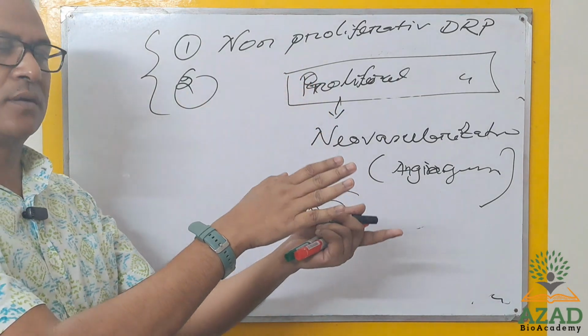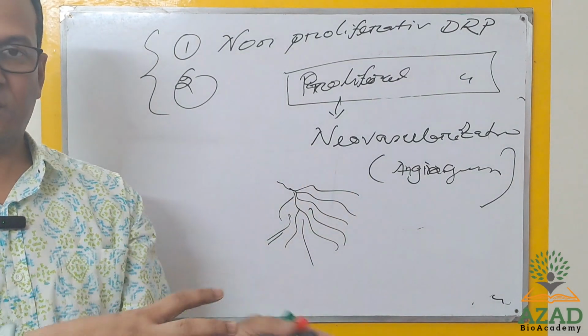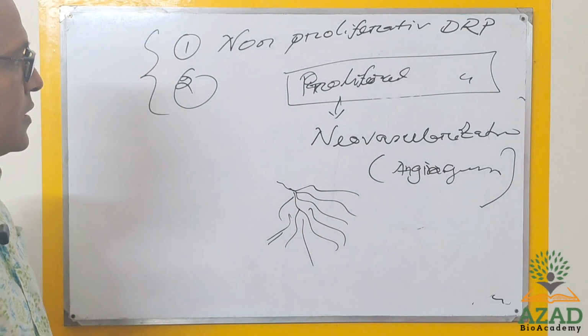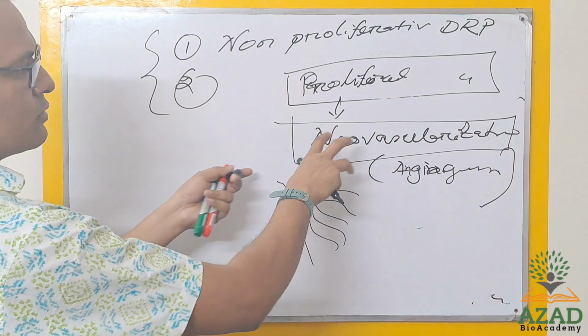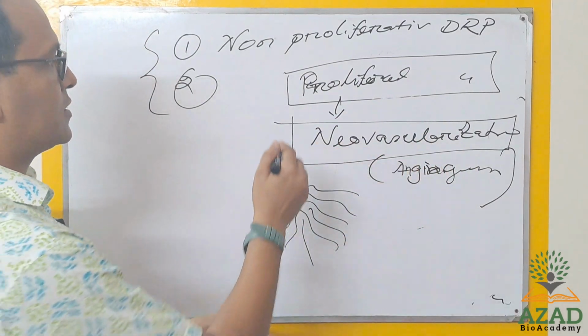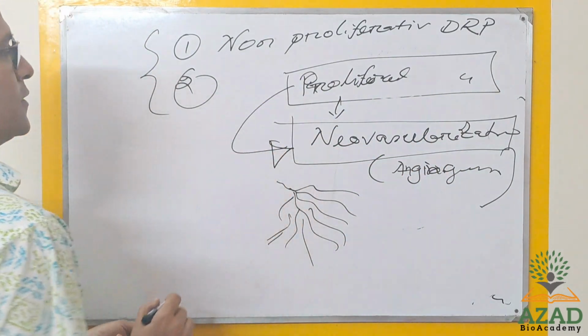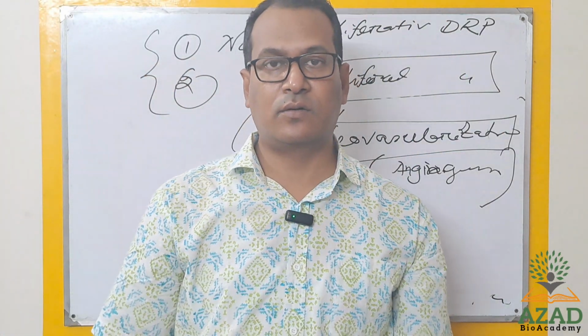In some early stage, development stage or severe stage, it can happen in both cases. But neovascularization, that means new blood vessel formation, that will proliferate more, that is the proliferative thing. Okay, so this is all about diabetic retinopathy.